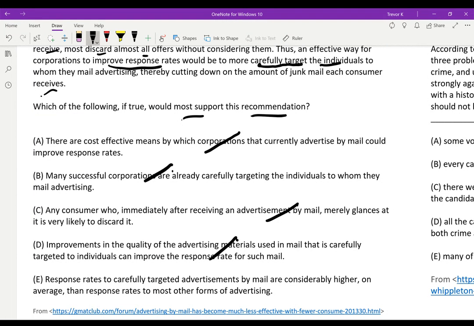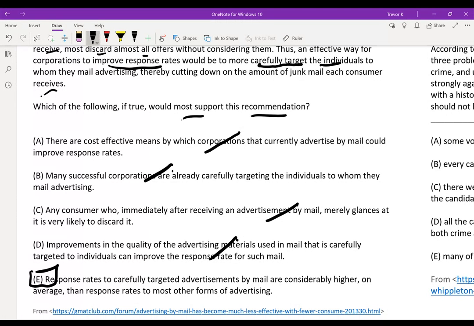And then E, response rates to carefully targeted advertisements by mail are considerably higher on average than response rates to most other forms of advertising. Okay, so this is pretty good. This says that carefully targeted advertisements by mail have good response rates, right?